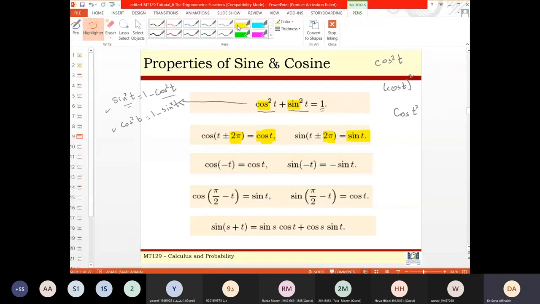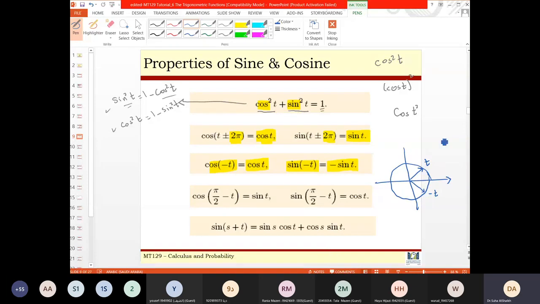Also we have that cosine of minus t is the same as cosine t. And the sine of minus t is minus sine t. How is this? If you check, we still have one more chapter. If we have the unit circle, if this is my t, this is minus t.